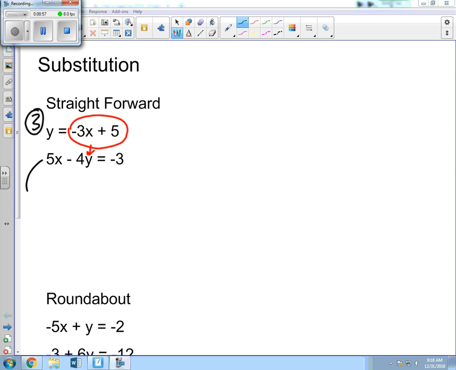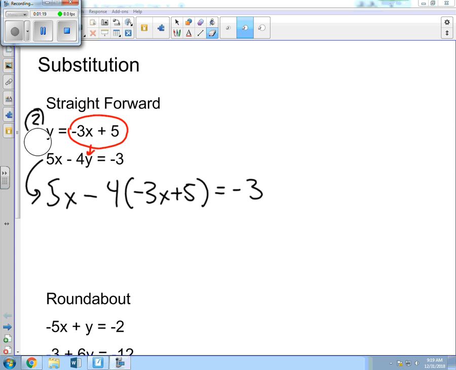So I'm rewriting the bottom one as 5x minus 4, parenthesis, negative 3x plus 5, close parenthesis, equals negative 3. And I would say this question is more straightforward because y is already by itself.